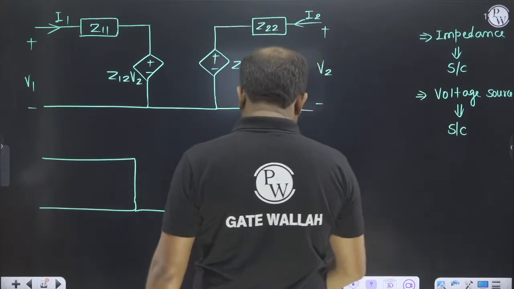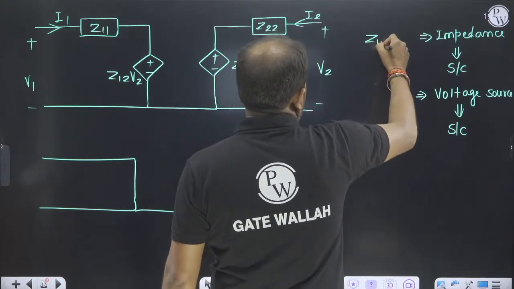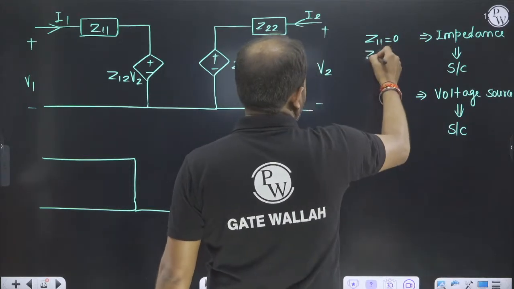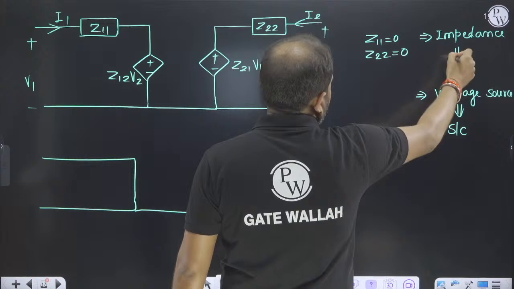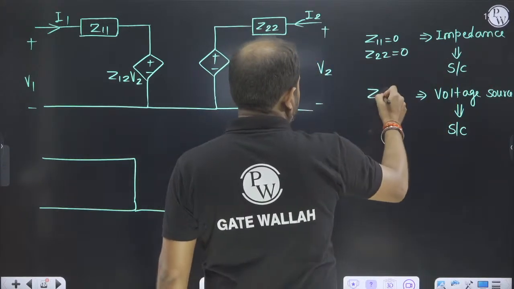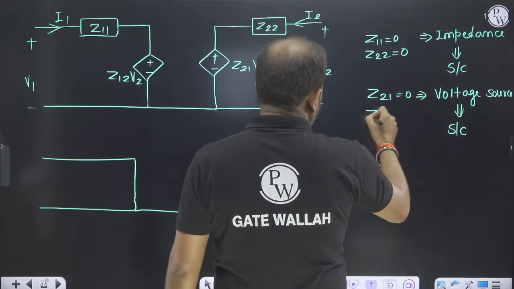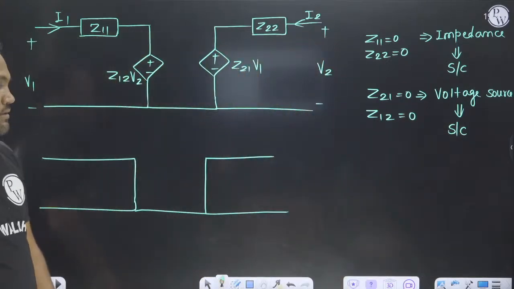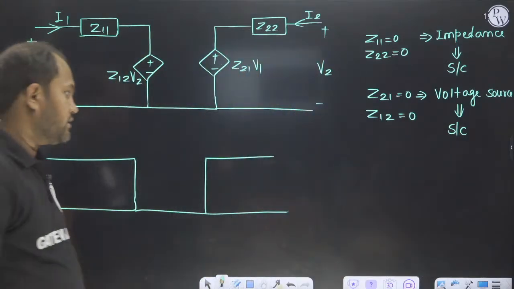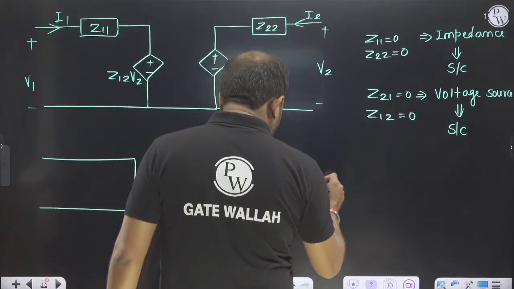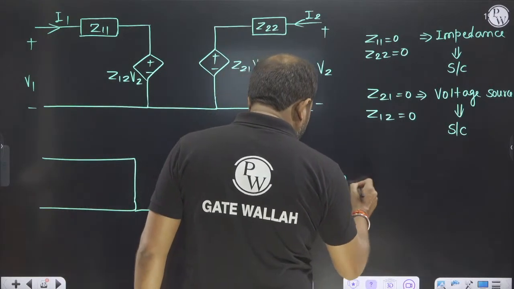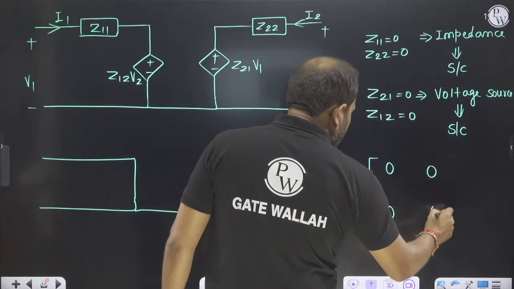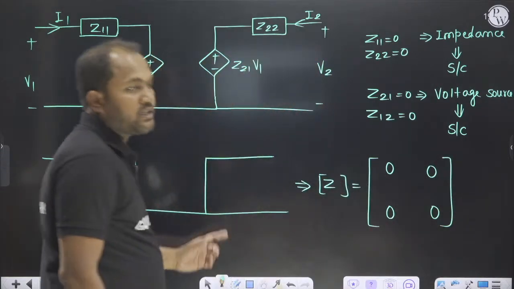So Z11 0 and Z22 0, it is impedance 0. And Z21 0 and Z12 0, that means voltage source, short circuit. So this is short circuit. So its Z parameter will be 0, 0, 0, 0.